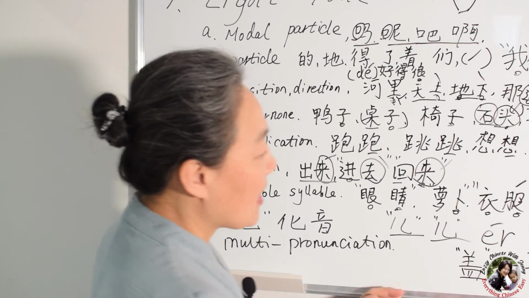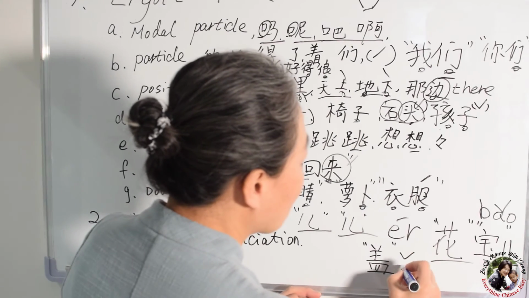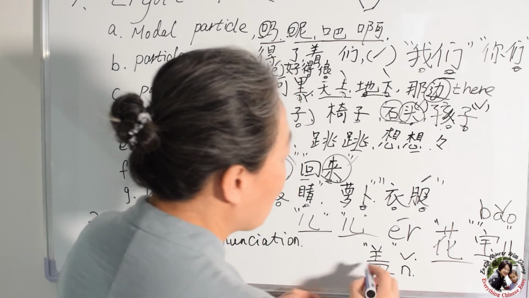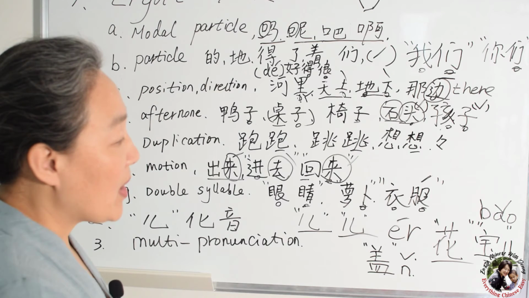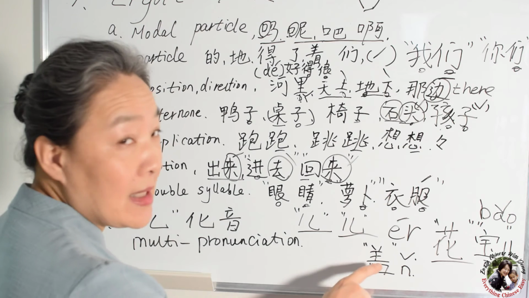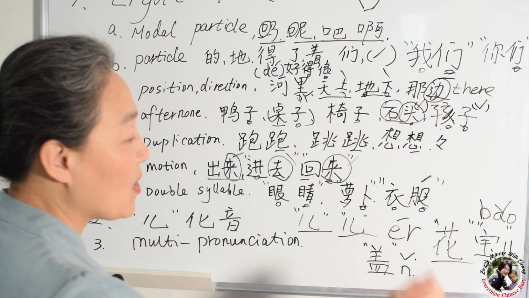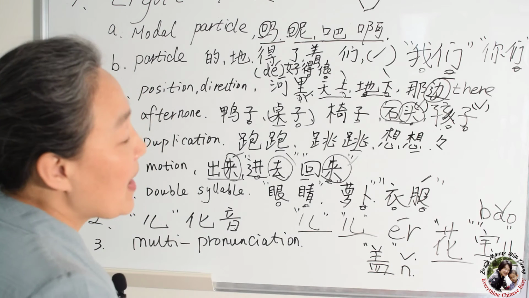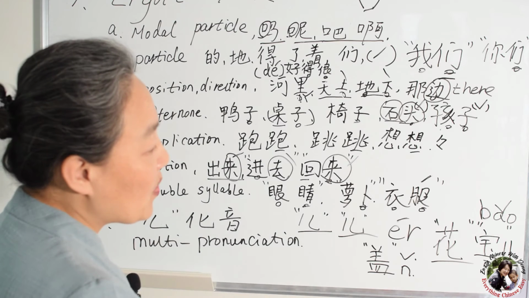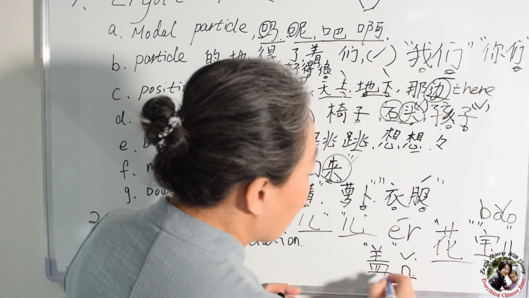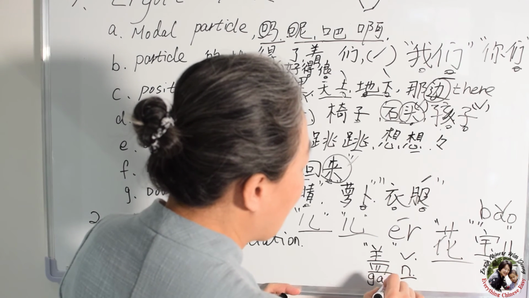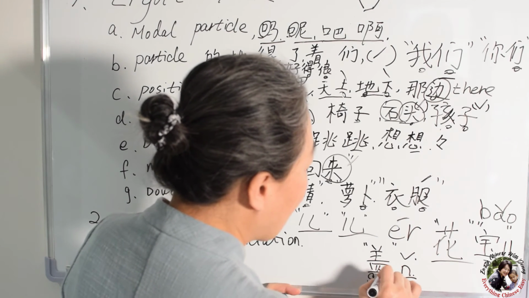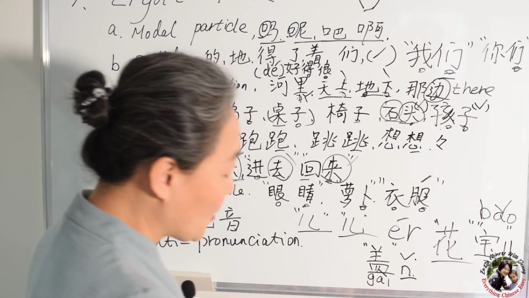Yeah, for example, another character. This one can be a verb and also can be a noun. When it's a verb, it means you cover it. When it's a noun, it is a lid. Okay? Well, of course, you use the lid to cover. When it is a noun, the pronunciation itself is 盖, the fourth tone.